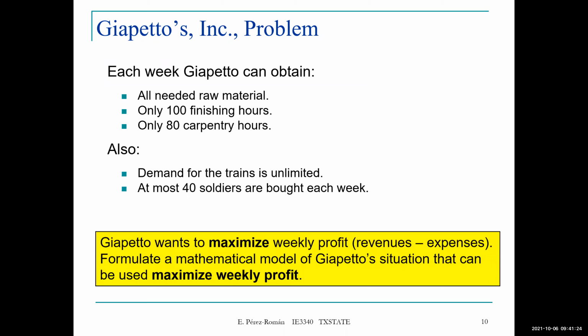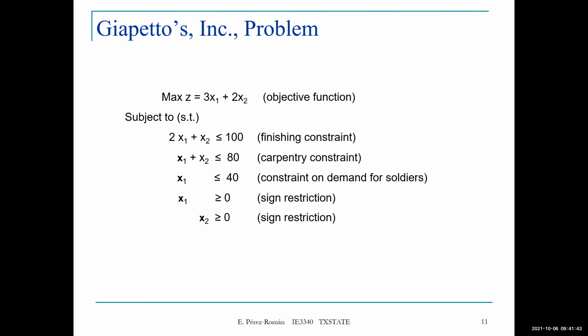We also have some additional information. We have the capacity limitations for the finishing hours and the carpentry hours. And we also know that at most 40 soldiers are bought each week. So we want to maximize the weekly profit. And the formulation is here. We have the objective function, the 4 constraints, and the non-negativity constraints.